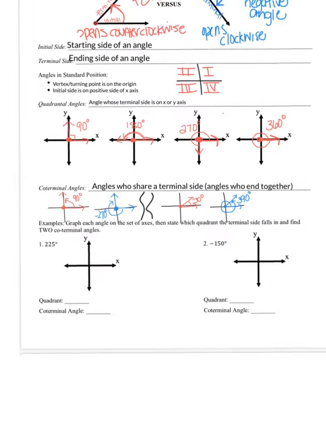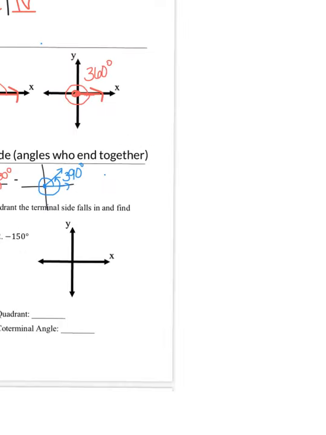So I want you to make two notes here. The first thing I want you to write, let me move this so that you can actually see it. Okay, the first thing that I want you to write for coterminal angles underneath, aside from the definition, is that there's an infinite number of coterminal angles.